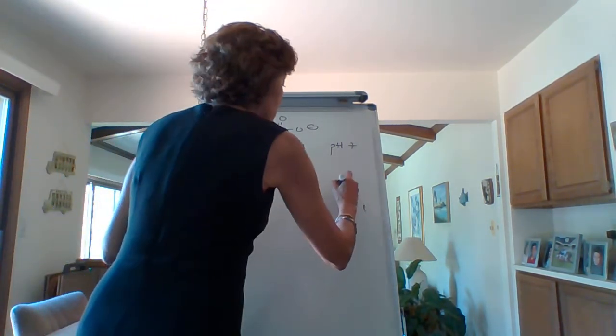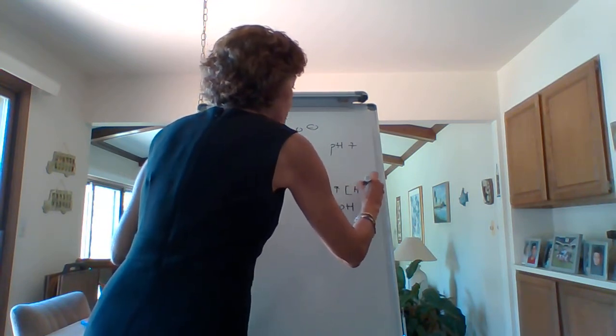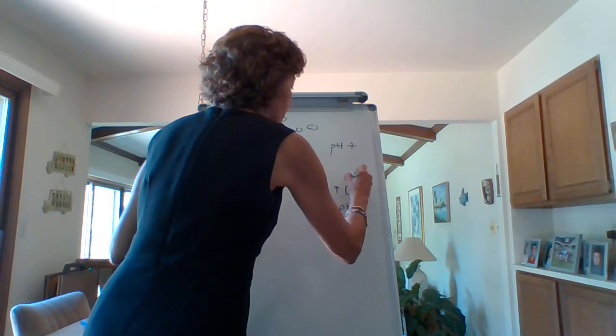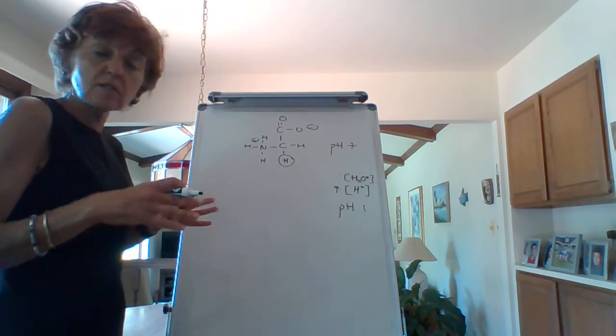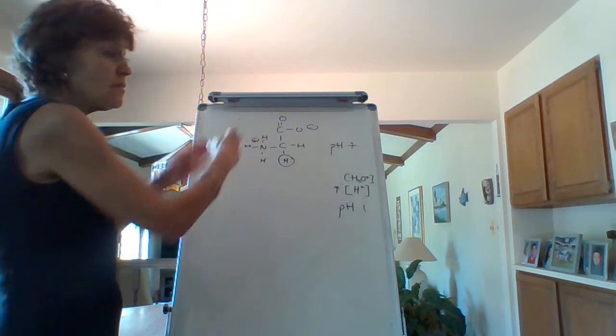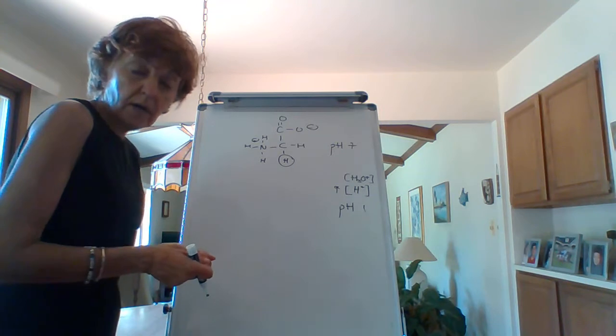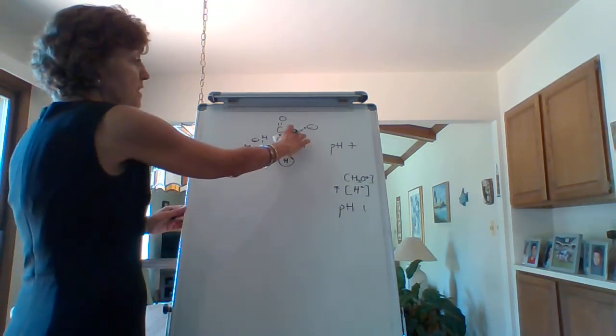What does that mean? It means you have a very high concentration of hydrogen ions or hydronium ions. Tons and tons of hydrogen ions at this very low pH. So anything that can pick up a hydrogen ion is going to. Well, who can pick it up? This guy can.